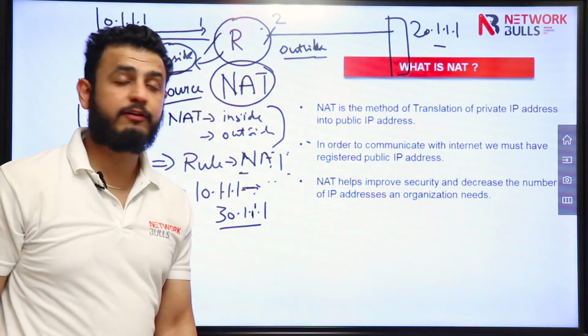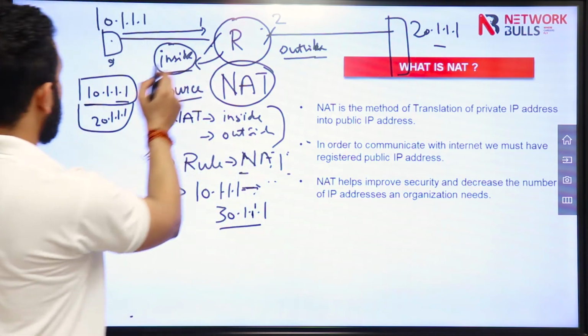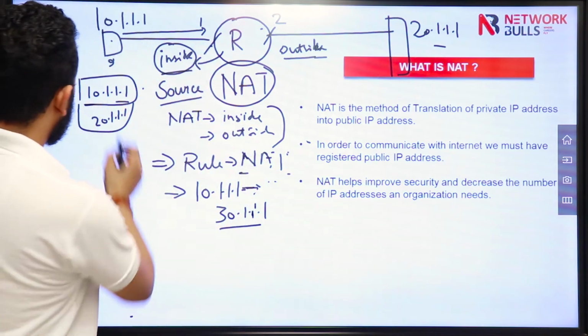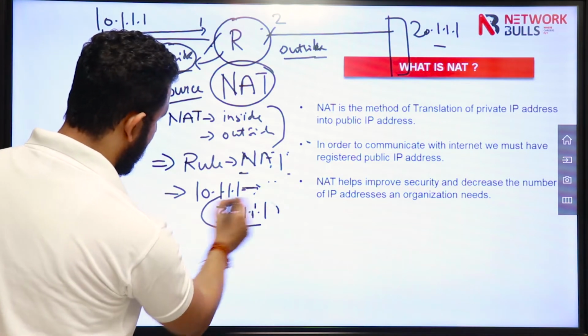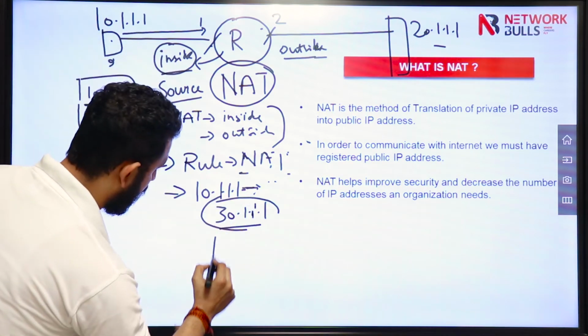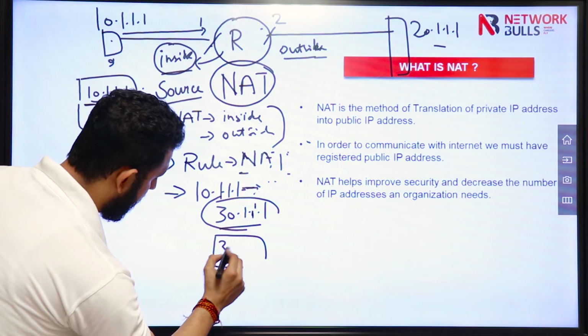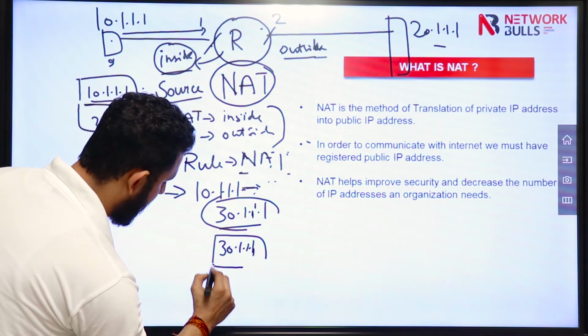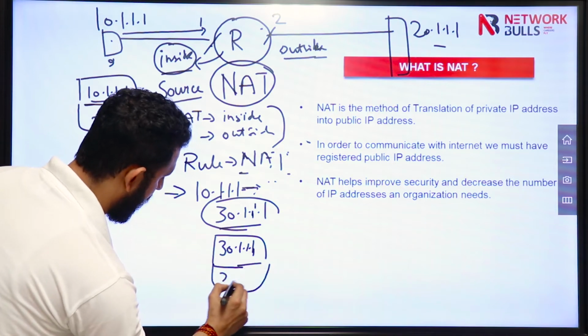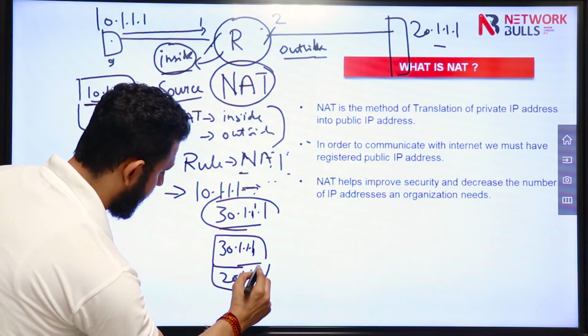So the router will translate the source 10.1.1.1 into 30.1.1.1. The traffic will now be: source 30.1.1.1 and destination the same, 20.1.1.1.